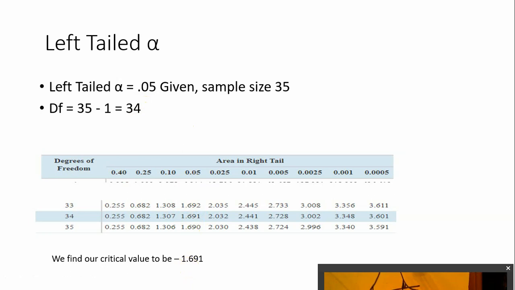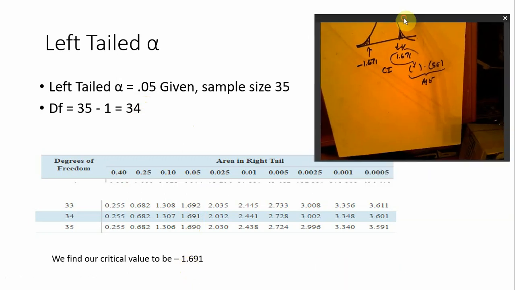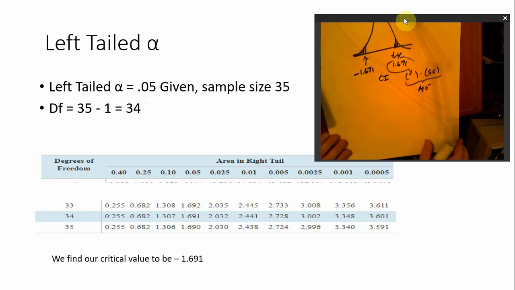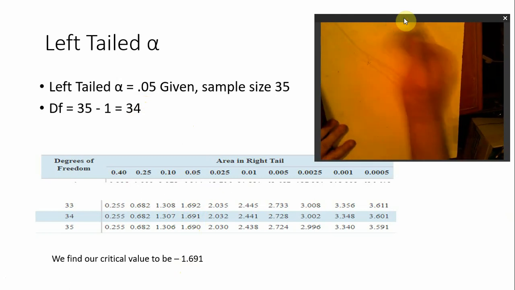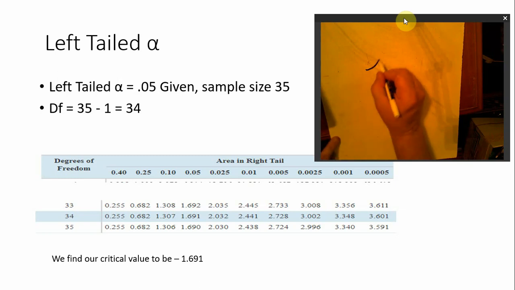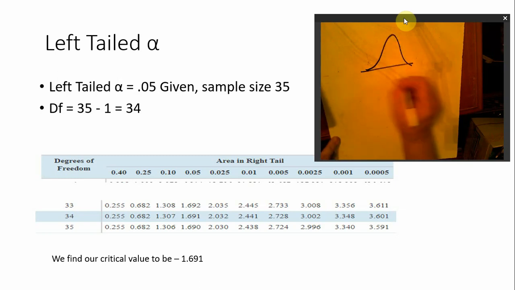So this is what I've done here. So here I've got a left-tailed with area 0.05, alpha is 0.05, but I'm using this to get the value.